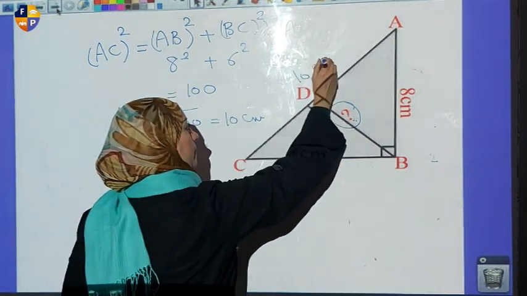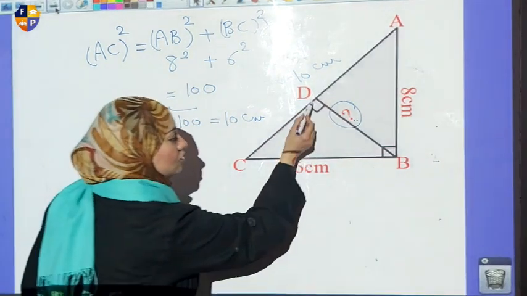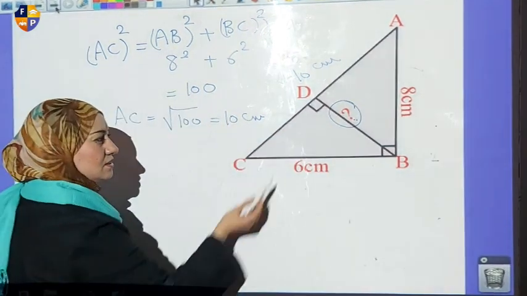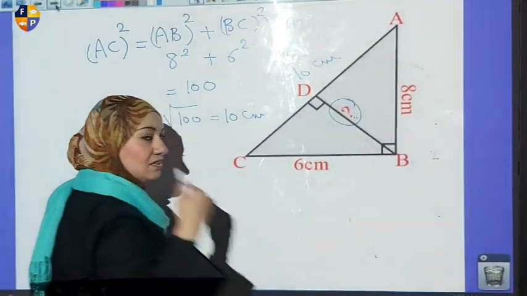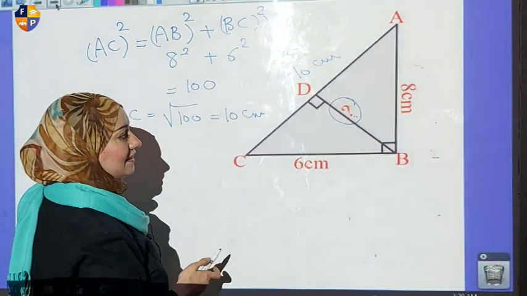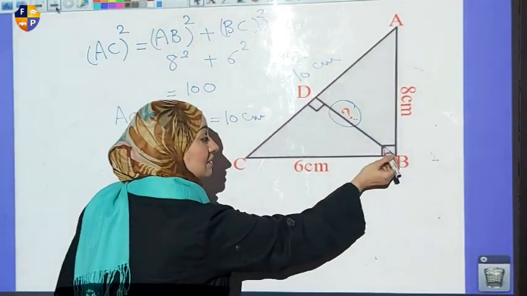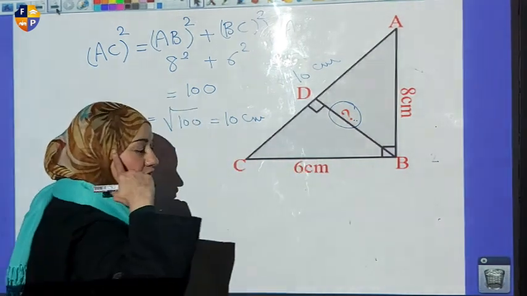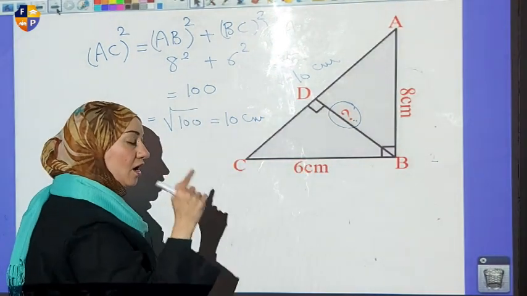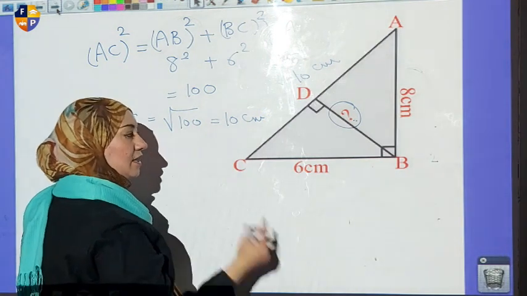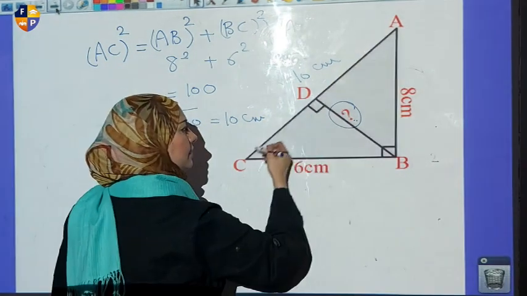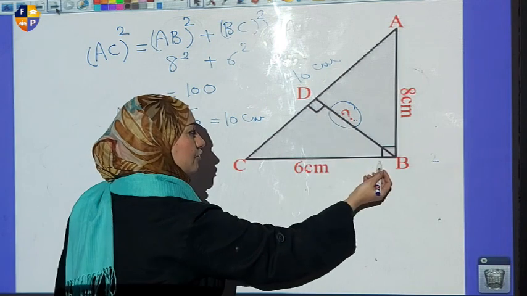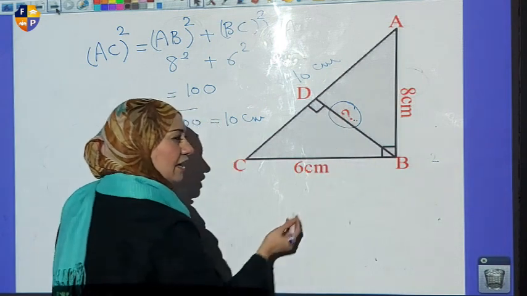But I want to get this side. How? Think. This is the height. The area, do you remember the area? The rule of area: half multiply base multiply height. But at first we should get the area. How?